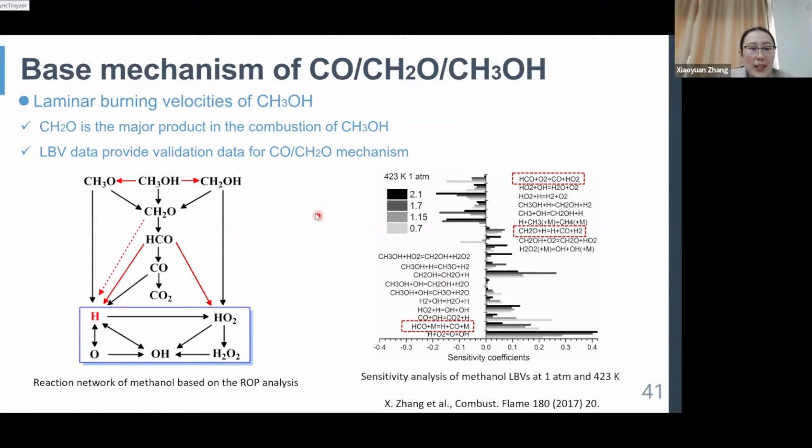Based on model analysis, we found that in laminar flame speed experiments of methanol, formaldehyde is the major product, and its related reactions present large sensitivity under various conditions. So the laminar flame speed data of methanol can provide validation data for the CO and CH2O mechanism.